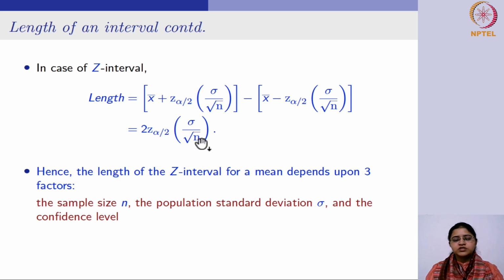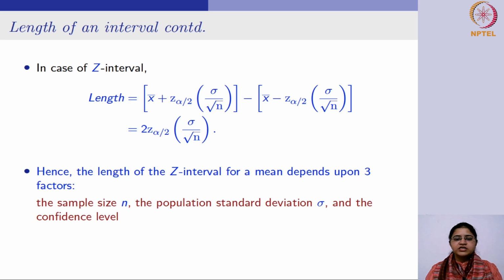Now here n is in the denominator, so if I increase the sample size, then the length would decrease. And that is correct also, because we always want the sample size to be large.